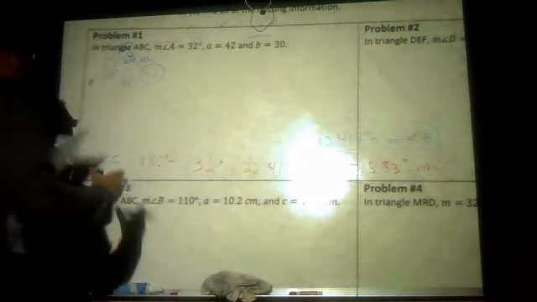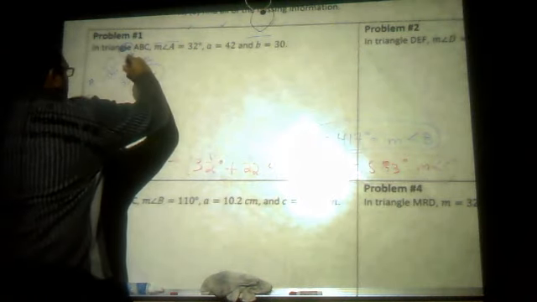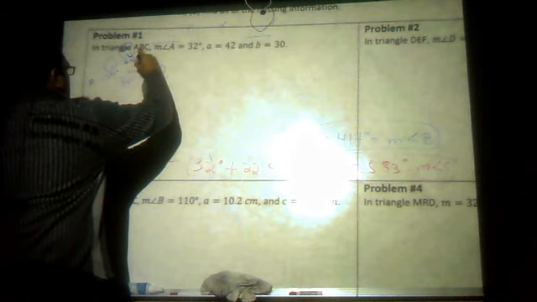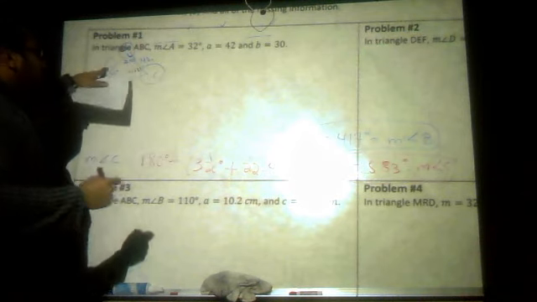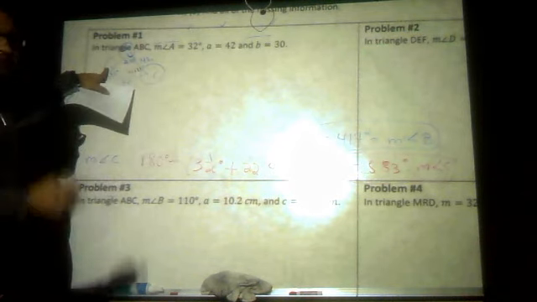So if I know angle C is 125.583 degrees, can I find the side C?